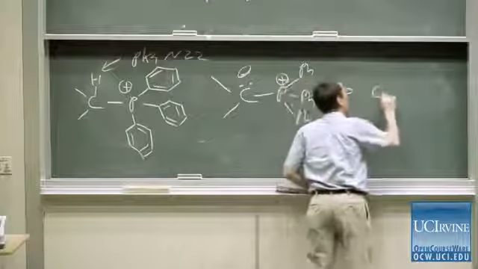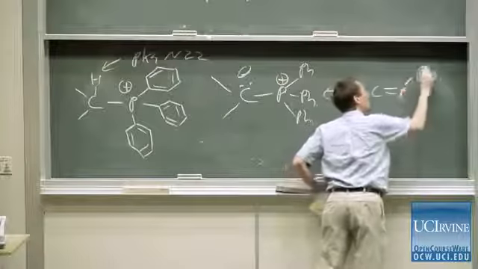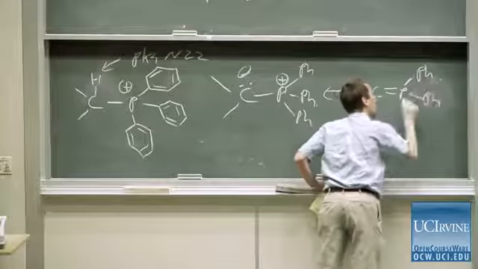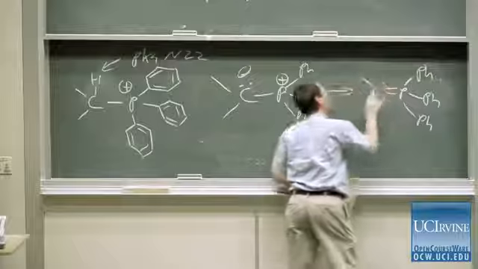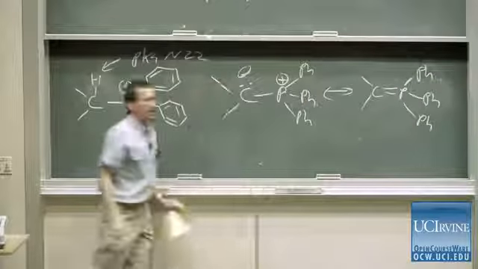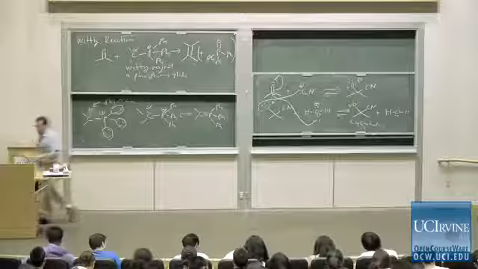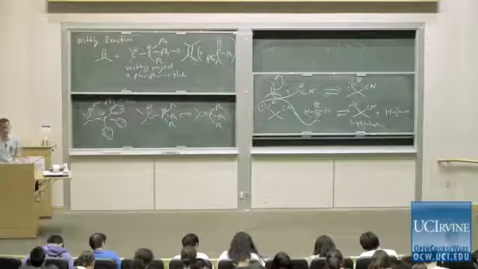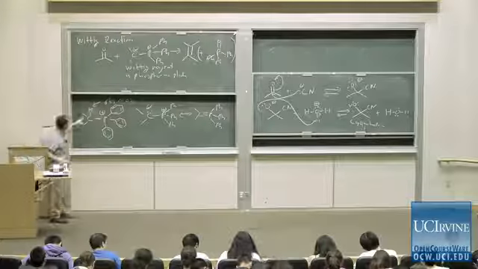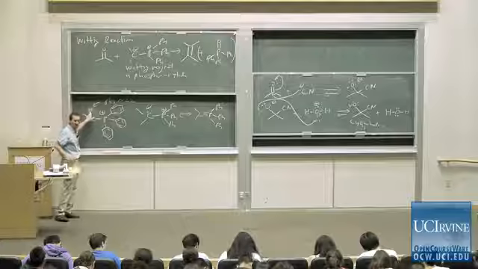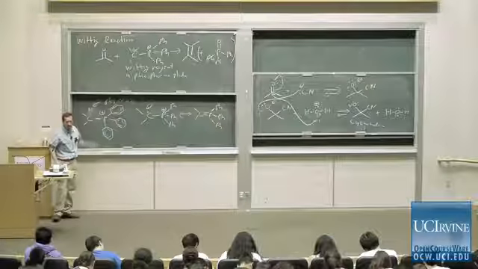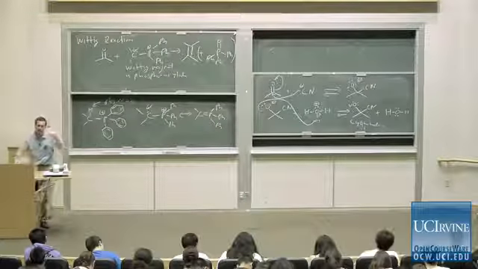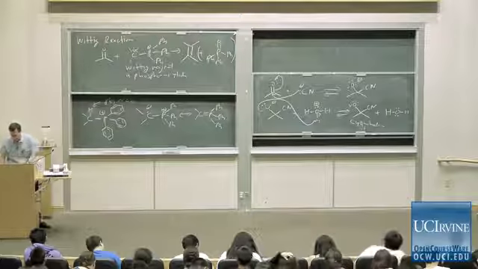And together, these two resonance structures make up a more complete structure of the phosphorus ylide. So for these two reasons, we have a good degree of stabilization, a good degree of acidification of this proton versus what you would expect for a plain old alkane, which would have a pKa of about 50.